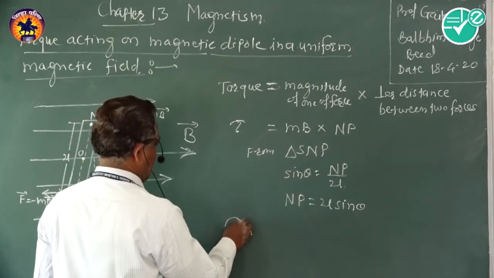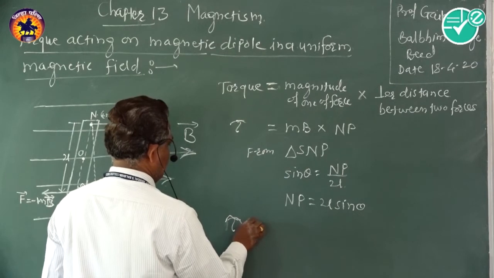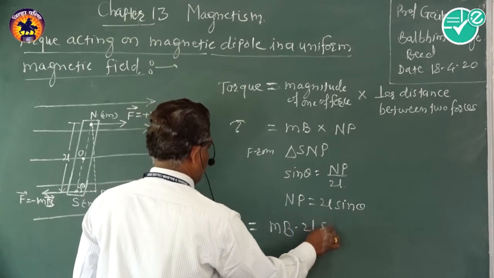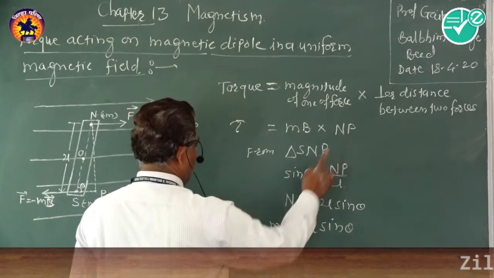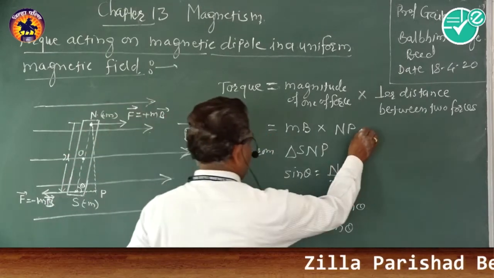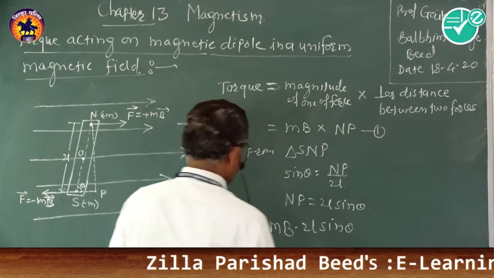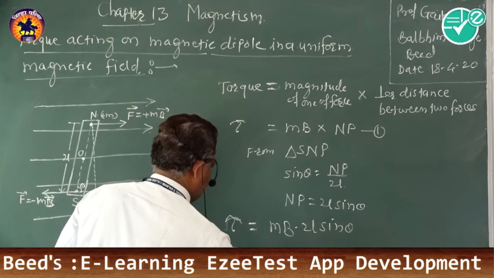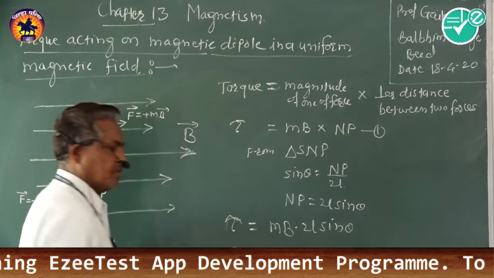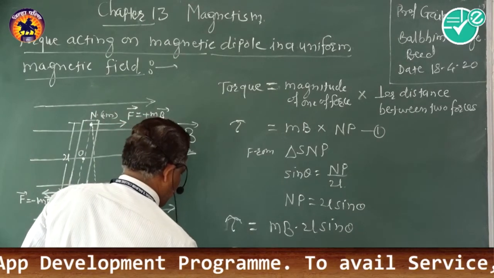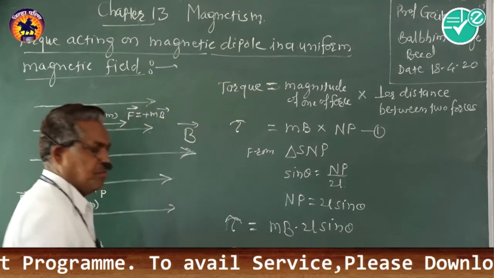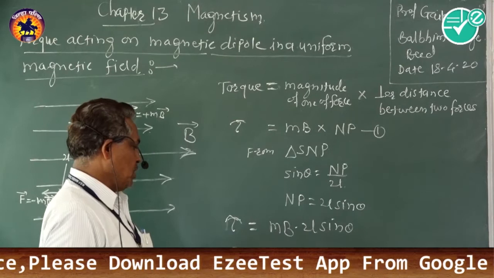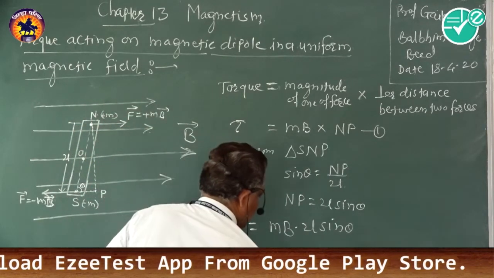The torque acting on the magnet is given by tau is equal to m into B into twice L sin theta. Here the value of NP is used in equation 1. Therefore tau is equal to m into twice L into B sin theta. But m into twice L is equal to capital M, the magnetic dipole moment of the bar magnet.